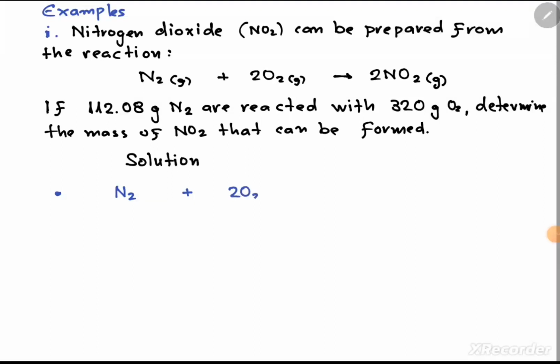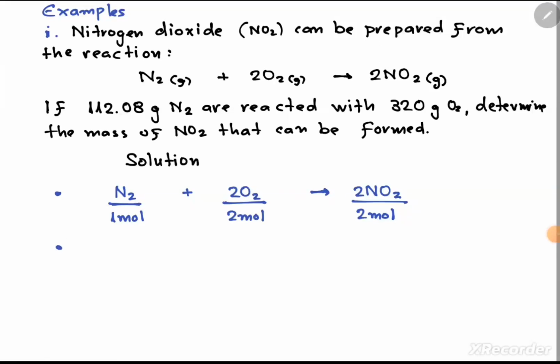Nitrogen and oxygen gives nitrogen dioxide. The mole ratio is 1 mole nitrogen, 2 mole oxygen, 2 mole nitrogen dioxide.